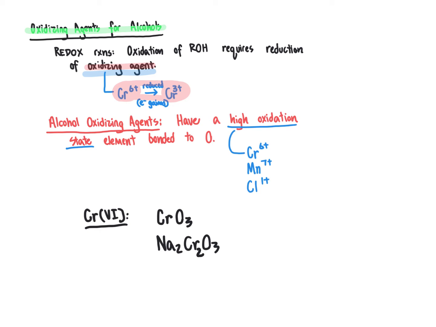We can also similarly carry out oxidation with potassium permanganate, KMnO4. If we were to look at the oxidation state of our manganese, we would see that it's manganese 7+. And then a very cheap and highly effective oxidizing agent is simply bleach. Bleach has the molecular formula NaOCl, or sodium hypochlorite if you want to be more technical in terms of the scientific name.